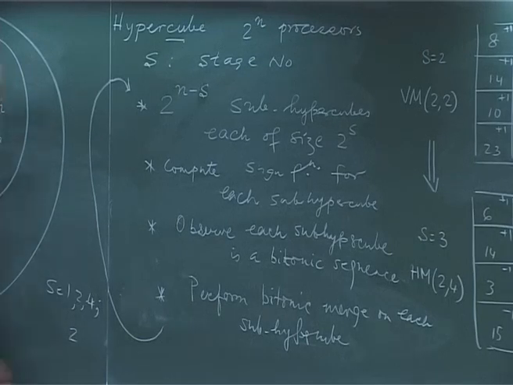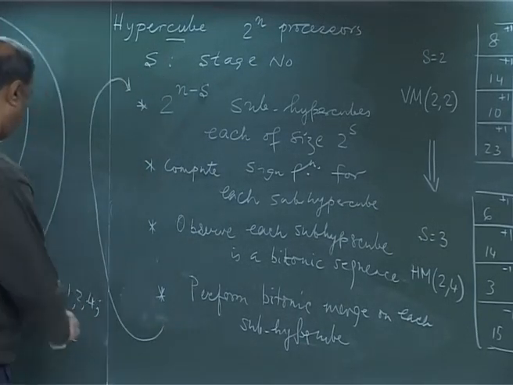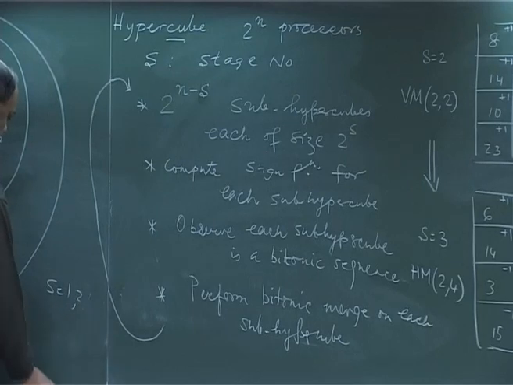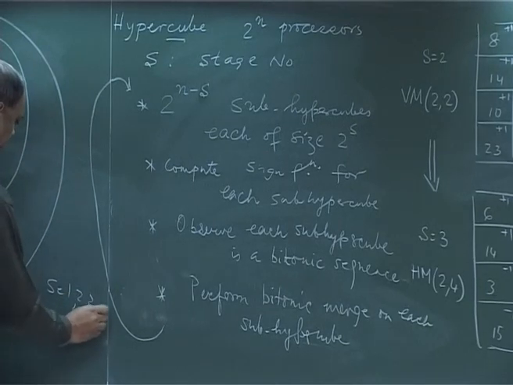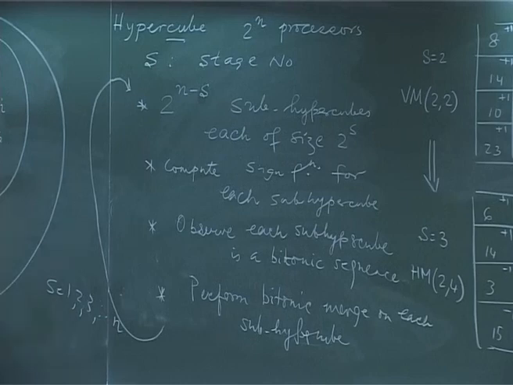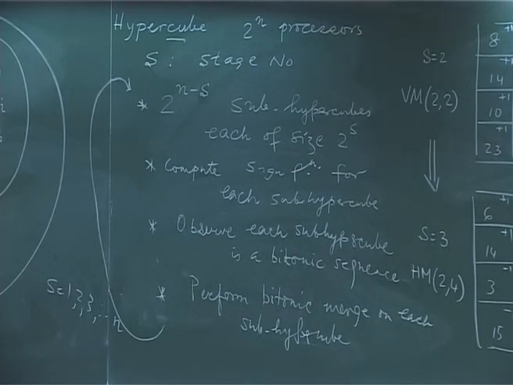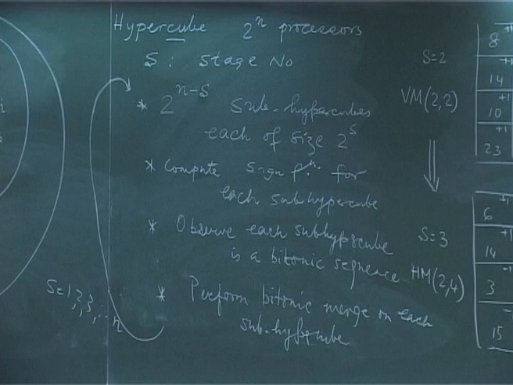S equals 1, 2, 3. Right. So, in that case, what is the time complexity to sort 2 to the power n elements? I discussed this is the time complexity for the merging.